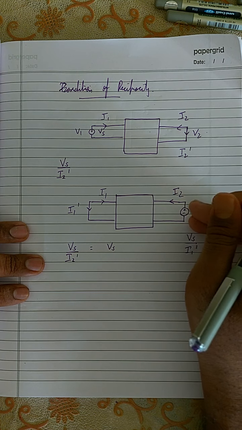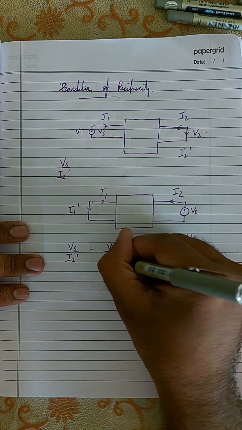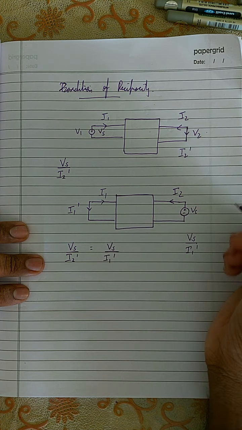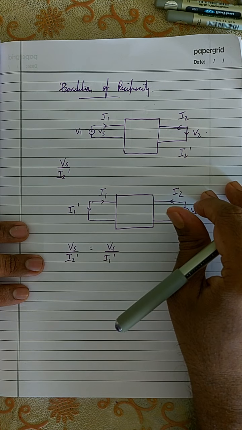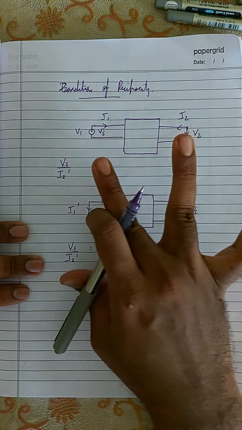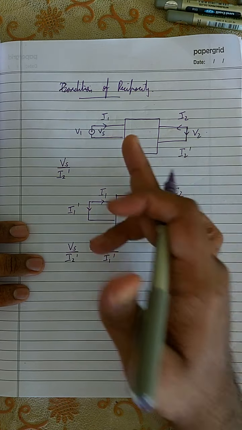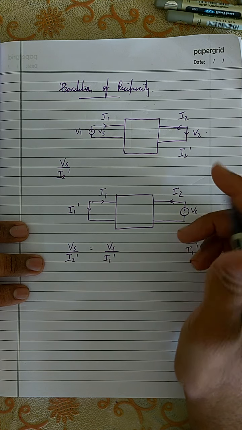as the ratio of the excitation to the response of the other port, when both the ports are reversed, or when the excitation and the response are reversed, if those two ratios are the same, then we say that the network is reciprocal.